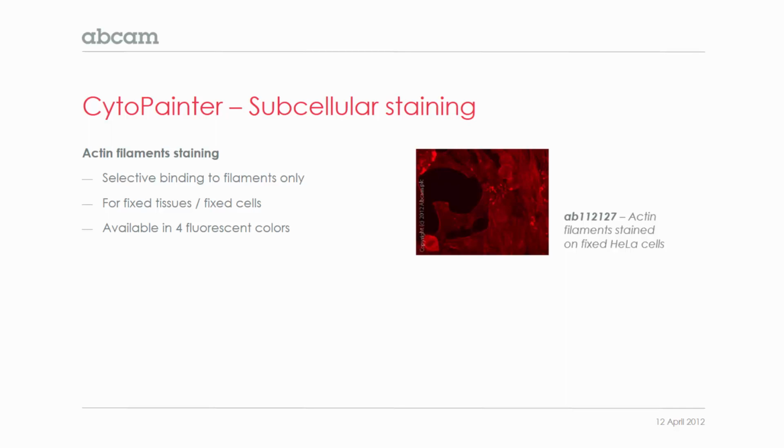CytoPainter kits contain all components you'd need to stain subcellular structures such as actin filaments, mitochondria, or lysosomes. Actin filaments can be easily detected on fixed cells or tissues. In the image shown, you can see the labeled actin filaments in red on HeLa cells fixed with formaldehyde.